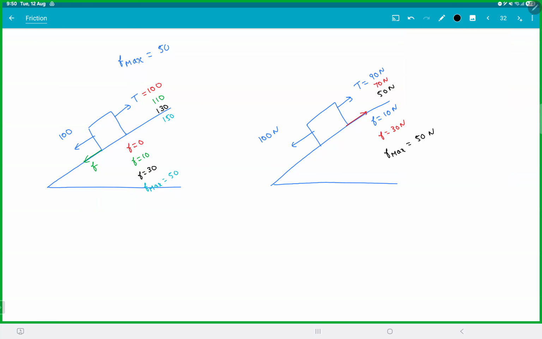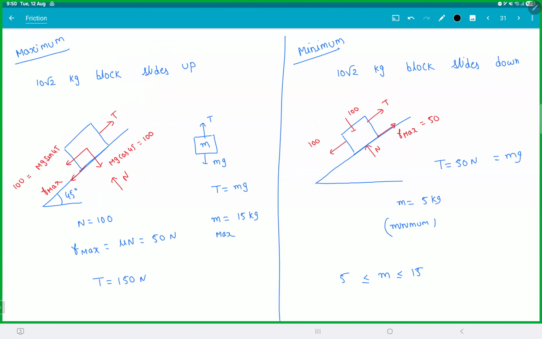I hope you can see what is happening. The friction can change direction, friction can change magnitude. So at 5 and 15, it is at the extreme limit. So any value between 5 to 15, you're safe. All clear with this? Anyone confused with this? Hi, Ishman. Clear with this?